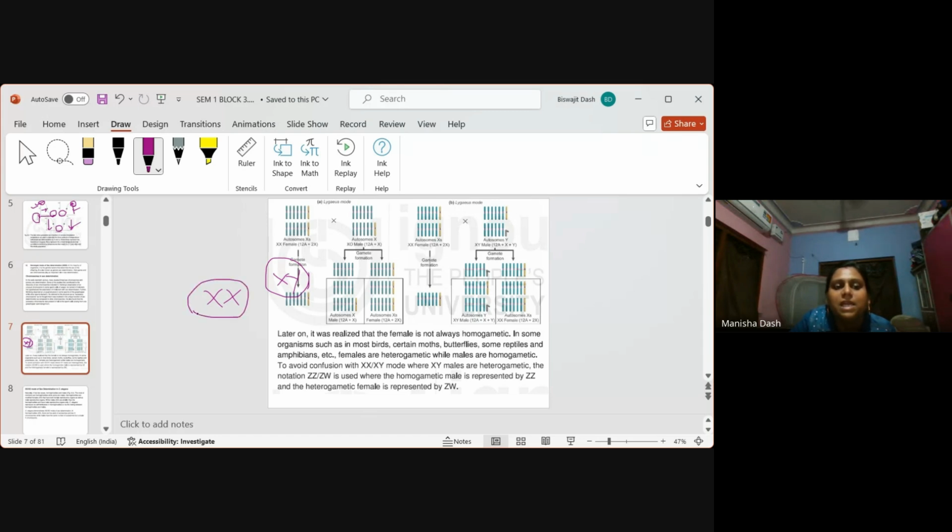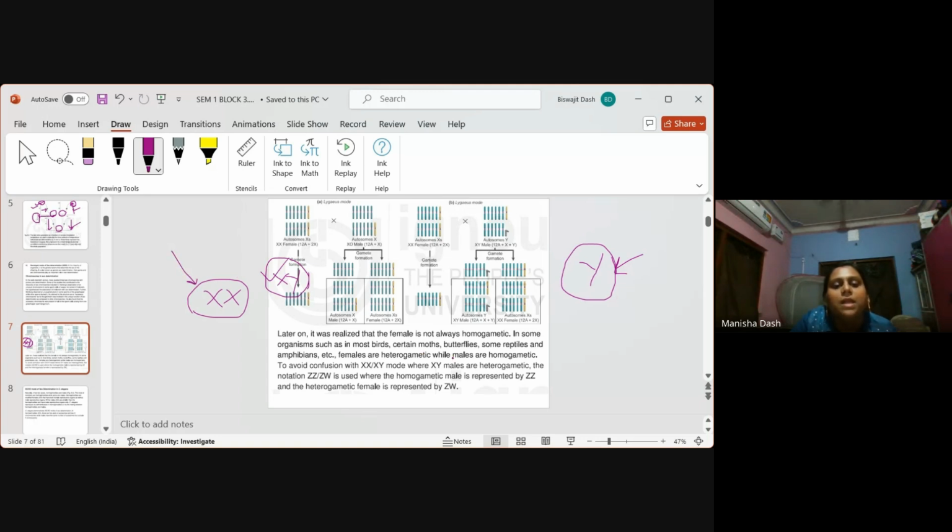And the males are heterogametic, meaning they have 1 X chromosome and 1 Y chromosome. So in human beings, the Y is actually the principal chromosome for determining the sex of the individual, or it accounts for maleness. The absence of Y is responsible for femaleness.